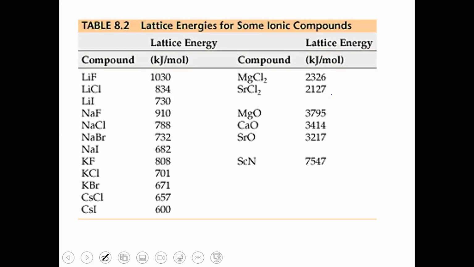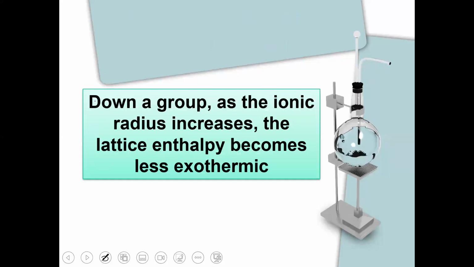Now, trends in lattice enthalpy, you can look at this diagram. If I ask you to watch this block, you can see there is chlorine down group 7. So down a group, as the ionic radius increases, lattice enthalpy becomes less exothermic. What it means in simple terms is that as you go down a group, a lattice becomes weaker.